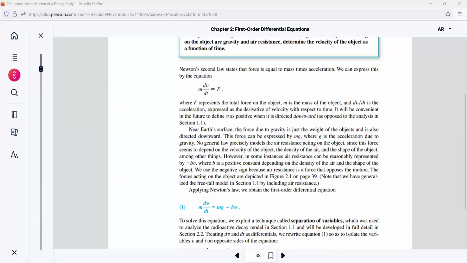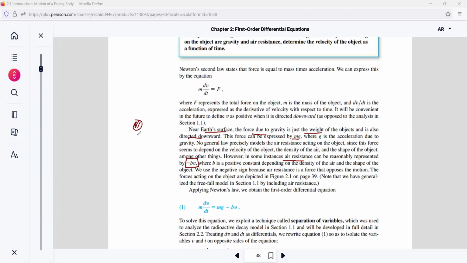Of course, the books will try to go into a detailed explanation to understand what's going on, and this is one of the facts that on the Earth's surface, the force due to gravity is just the weight, and it is of course directed downward, and a lot more details. What is the air resistance that I mentioned? Here, it's going to be described as bv.